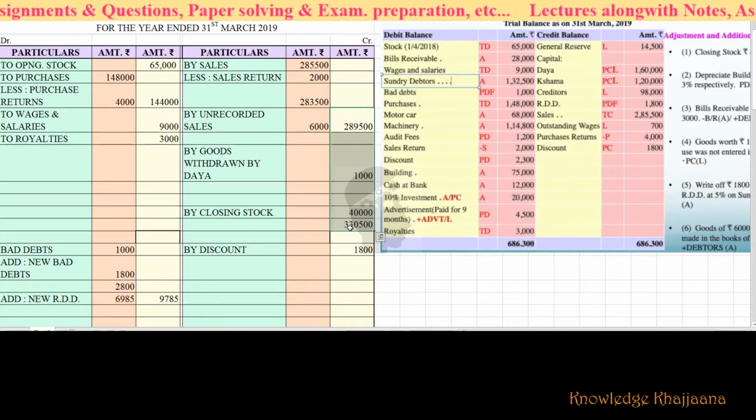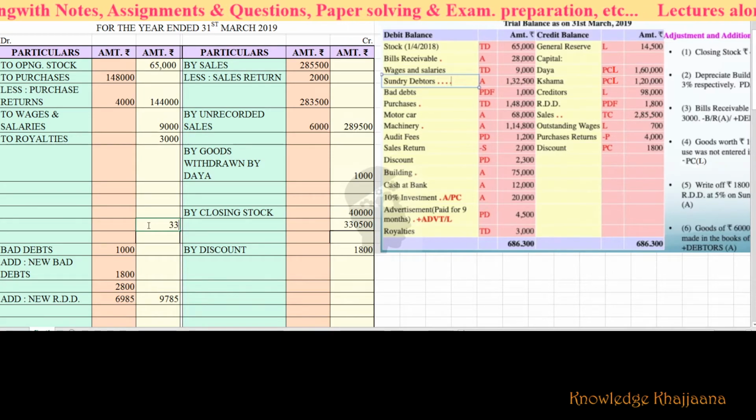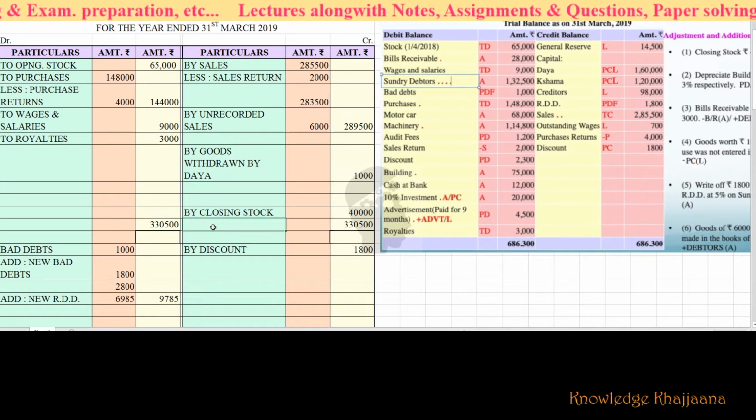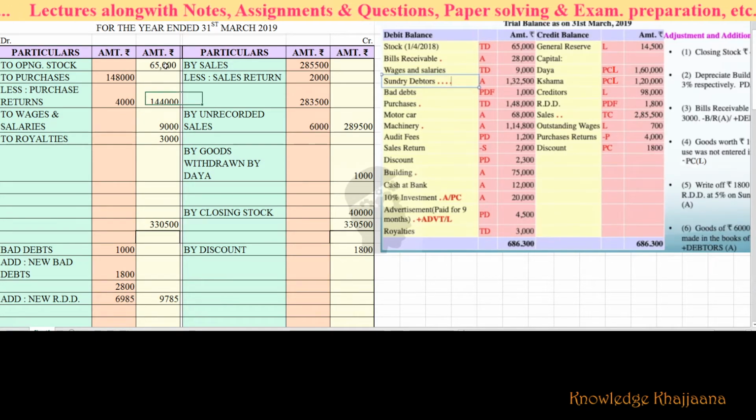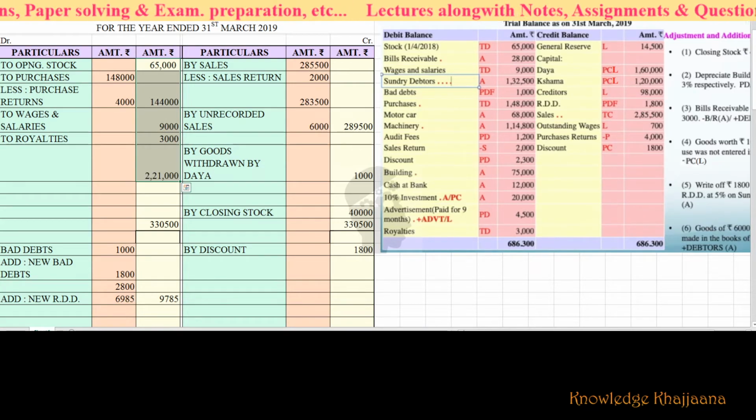Its total is 3,30,500. So we'll write this amount over here. Then we'll do the total of this here somewhere. It is 2,21,000.